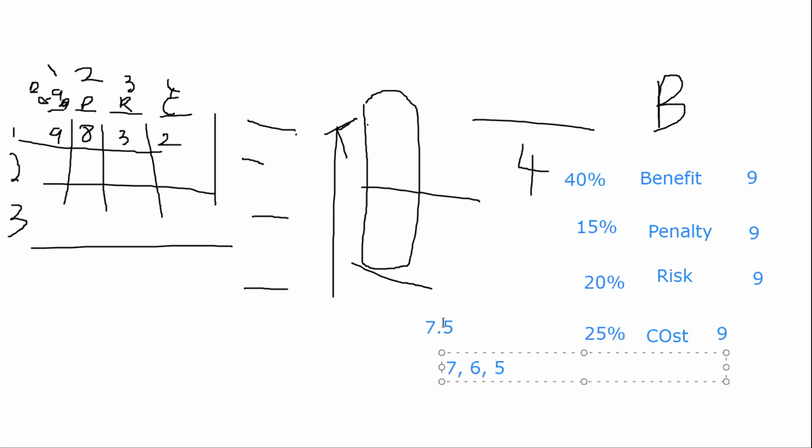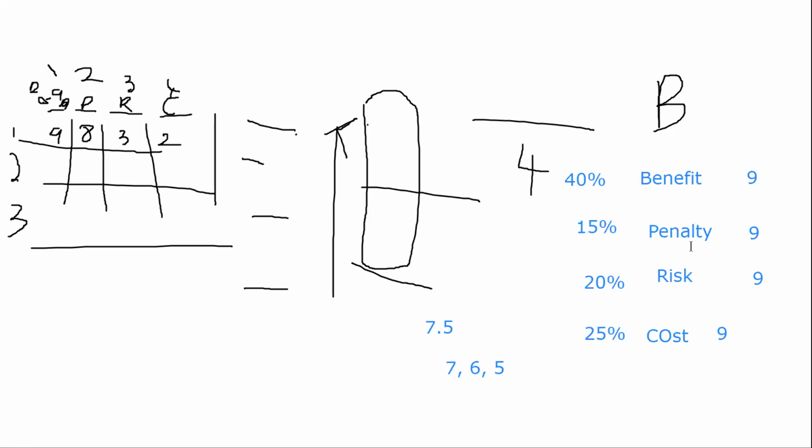The higher the number is, it means that's a high priority ticket. If you don't do it, it involves high penalty. It gives you high benefit. It is a high risk ticket, so you need to be careful. It's a high cost ticket, which means that it's a core product.